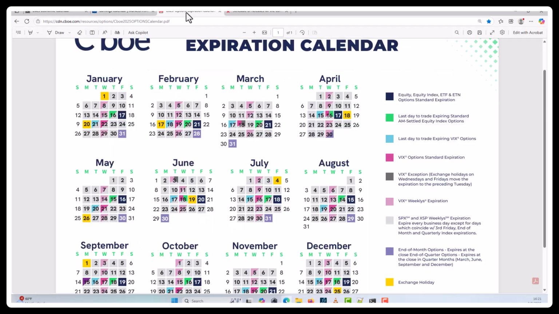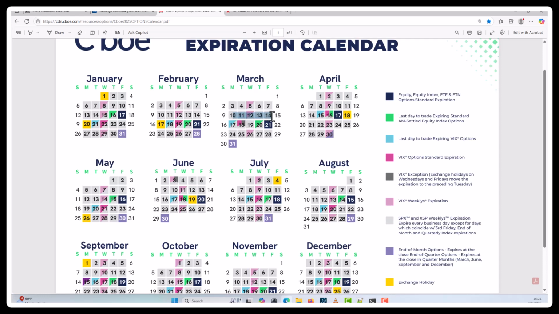So we just finished up week 10, which had the non-farm payroll data released on Friday. The first Friday of the month is the non-farm payroll.